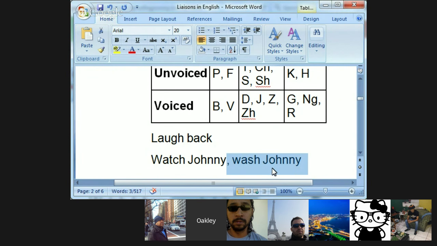"Wash Johnny." Because this SH sound is more comfortable, so I can make the transition to the J sound. It's easier because SH is called a continuant. It's not a glottal stop. It's a continuant, so it's always easier to join sounds when the last sound in a word is a continuant.